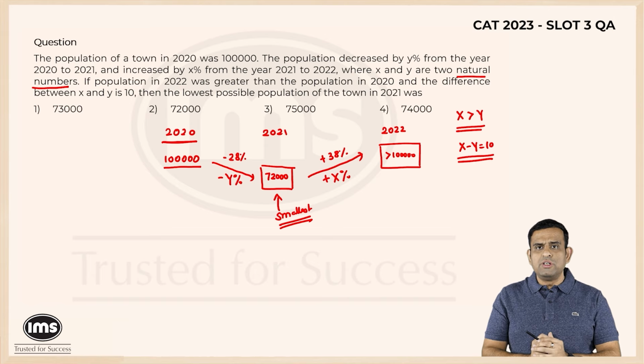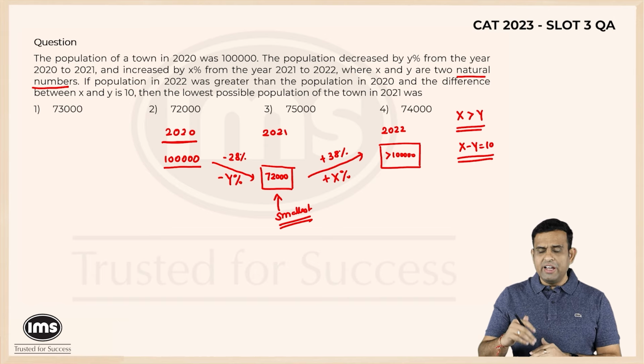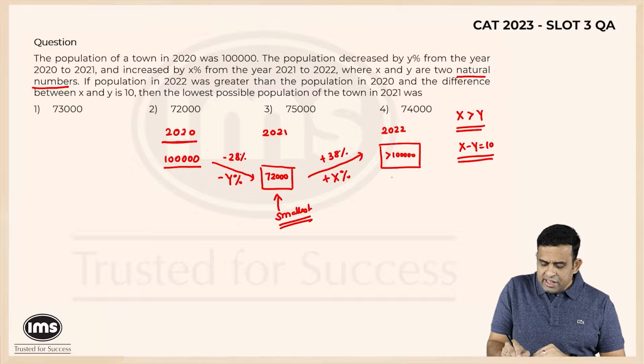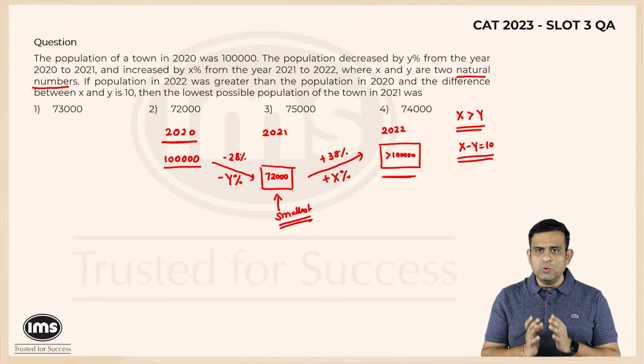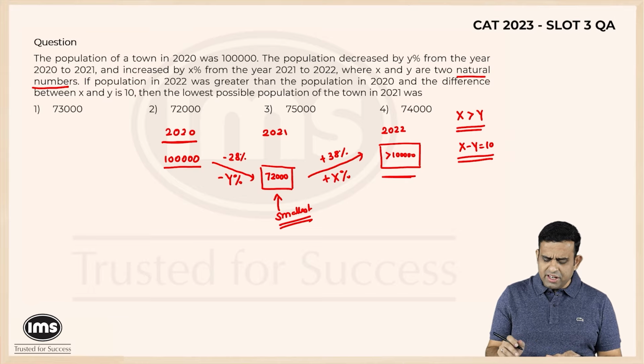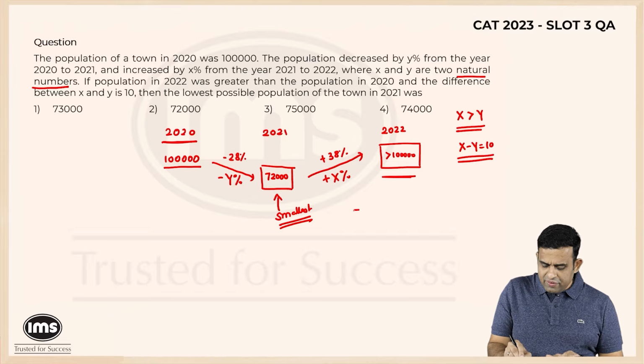So for option number 2 to be the answer, one needs to check that when 72,000 is increased by 38%, is this going above 1 lakh? If the answer is yes, one can choose to mark option number 2, otherwise go and check for option number 1. So one will take the help of a calculator, 72,000 into 1.38.